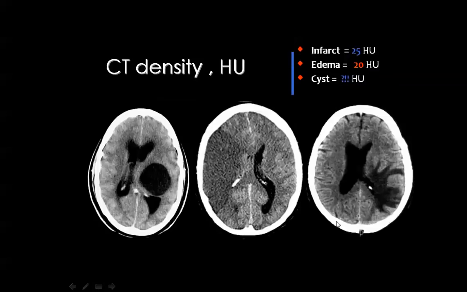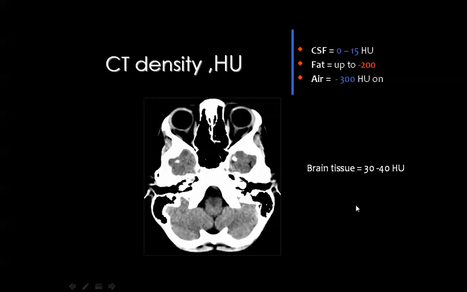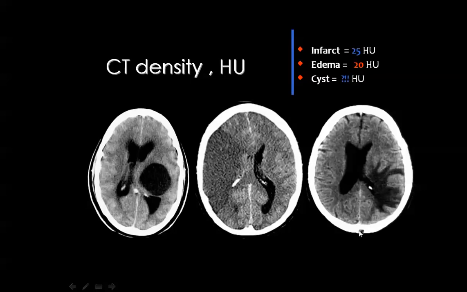Then if you look here at this CT scan, you can easily identify that air is black or hypodense. The fat in the orbit is also black or hypodense. Then the CSF in the cisterna magna, for example, or the prepontine cistern appears black or hypodense because of its attenuation value.